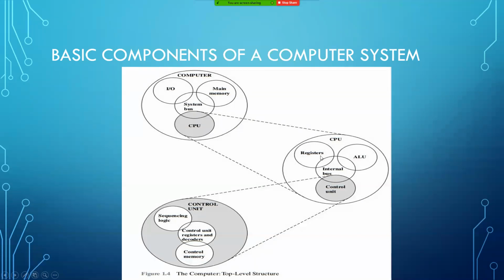Do you remember, whenever we said registers, I showed you the memory hierarchy, one pyramid? On the top of the pyramid, do you remember what is there? The register. The register is the fastest memory. After the register is the cache, the second fastest.